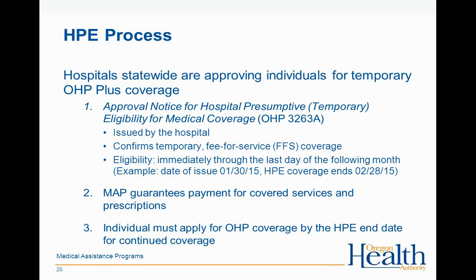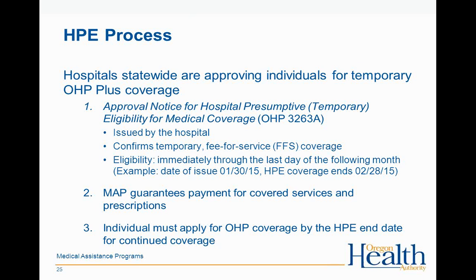It actually says temporary in the title of that notice. This is issued by the hospital that determined this eligibility. It does confirm temporary fee-for-service coverage. The eligibility is immediately through the last day of the following month.